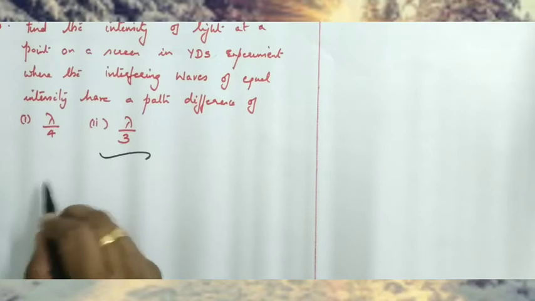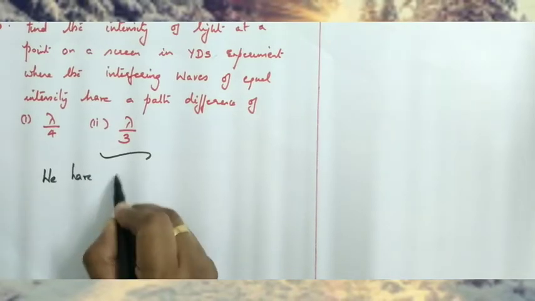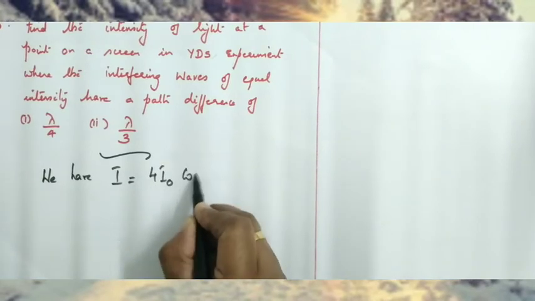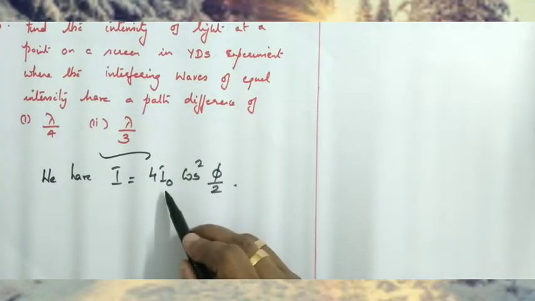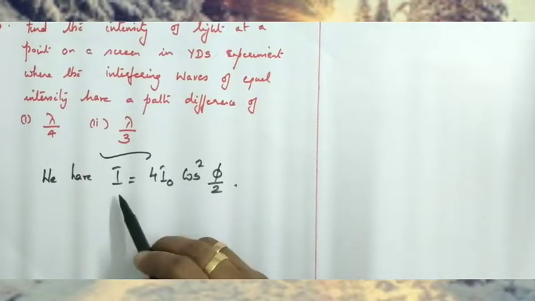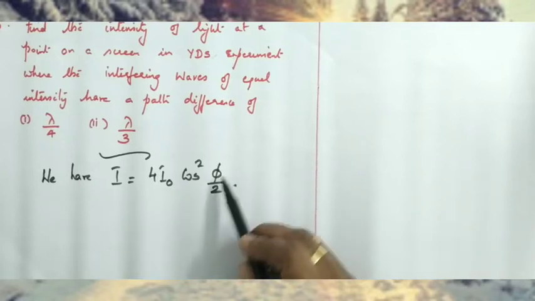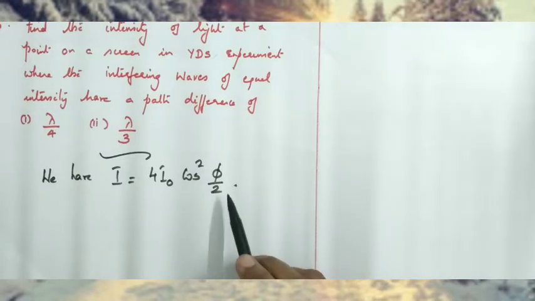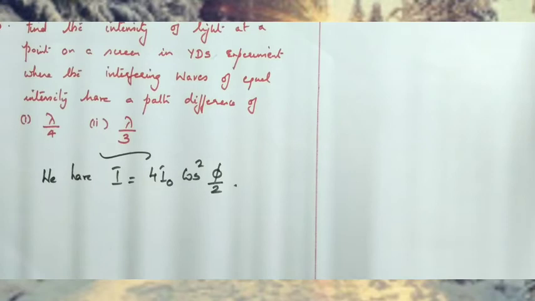If both the waves have the same intensity, the resultant intensity is given by 4I0 cos square phi by 2. I0 is the intensity of each wave, I represents the total intensity, and phi is the phase difference. So I equals 4I0 cos square phi by 2. This is the intensity of light on the screen in Young's double slit experiment.